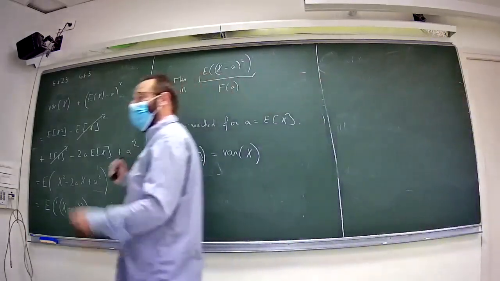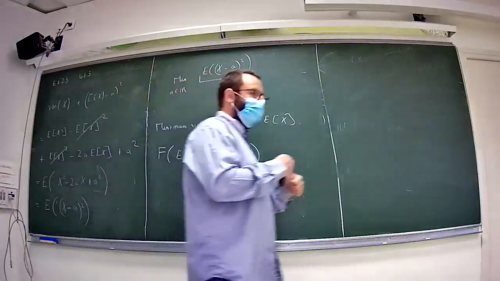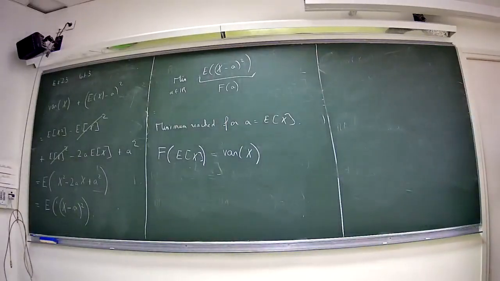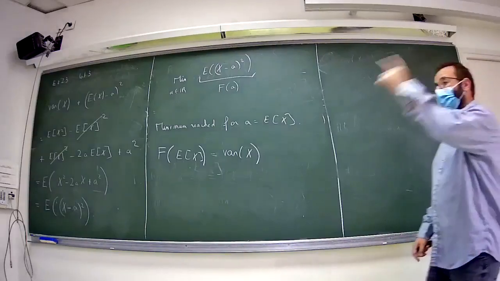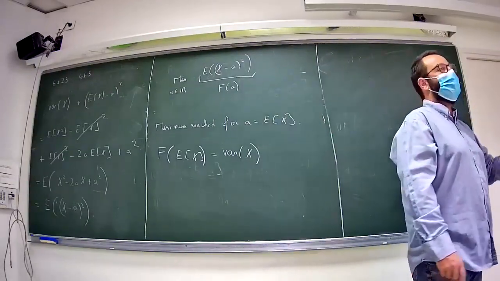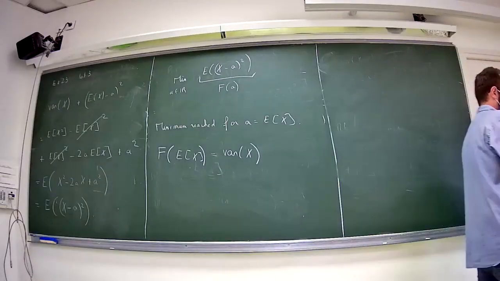And I have proved here two things: that this minimum is reached at the expectation. So intuitively it means that if you want to summarize the information contained in a random variable by a number, you are going to use the expectation. If you don't have the choice, I just ask you to tell me what is this random variable with a number. The number that is the most representative one will be the expectation. Okay? So it's what I have put here.